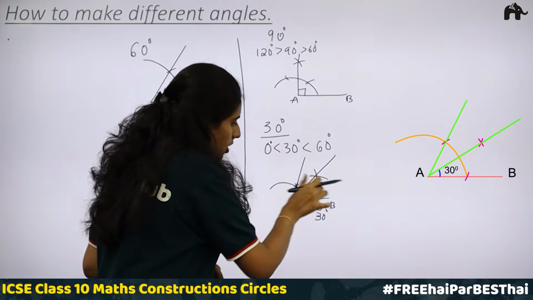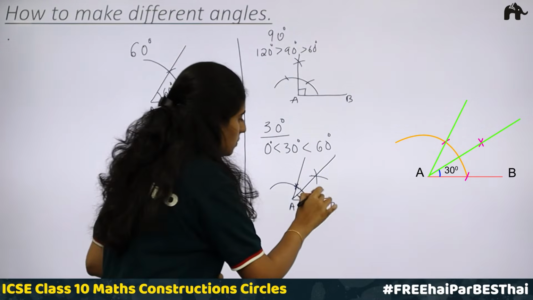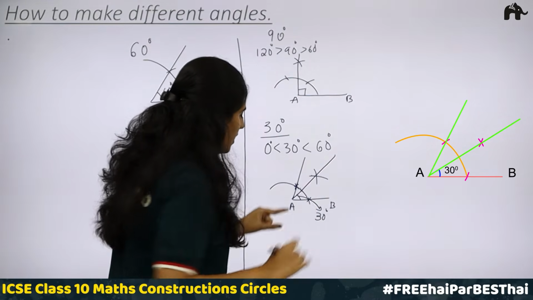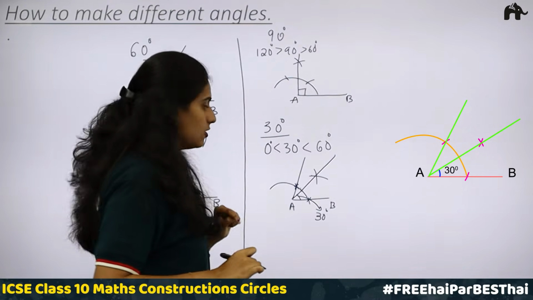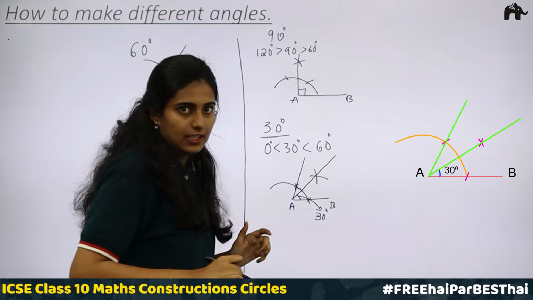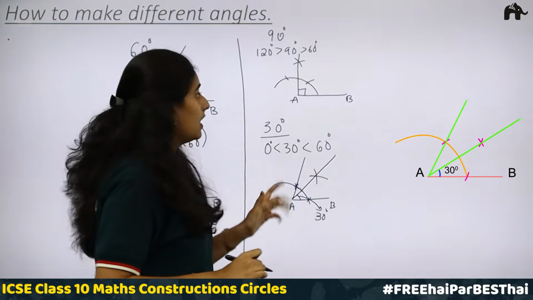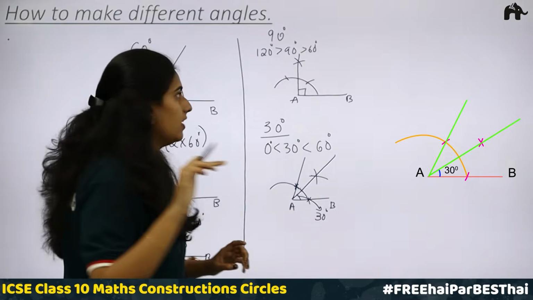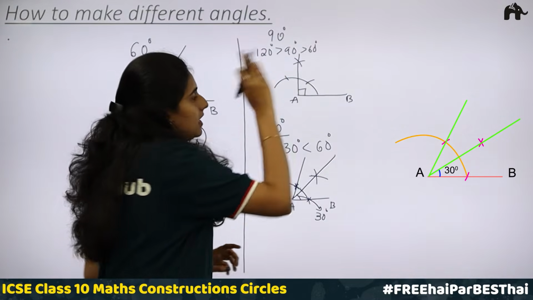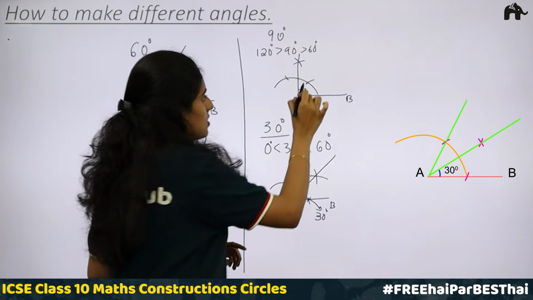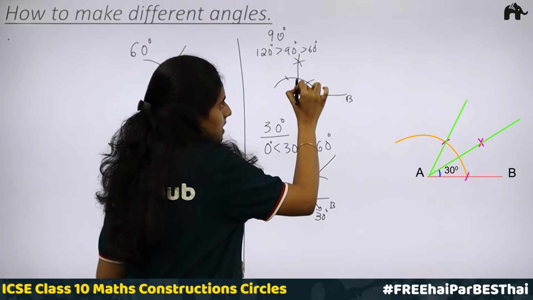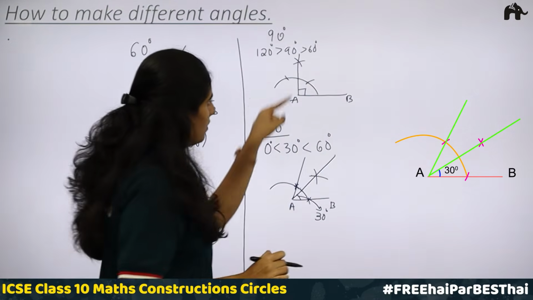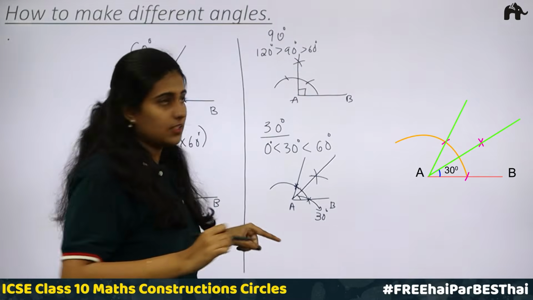From these 2 points, we cut 2 arcs and joining A and the point of intersection of arcs, we get 15 degrees. Clear? Now, if you are asked to find 75 degree, where does 75 degree lie? Between 90 degree and 60 degree. Here you have a point at 60 degree, and here you have a point at 90 degree where the line cuts the arc.